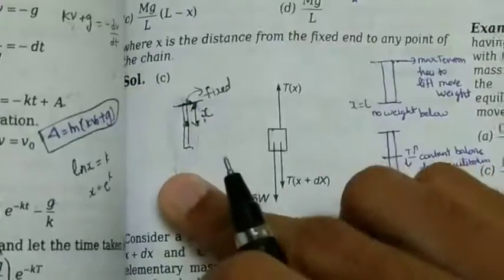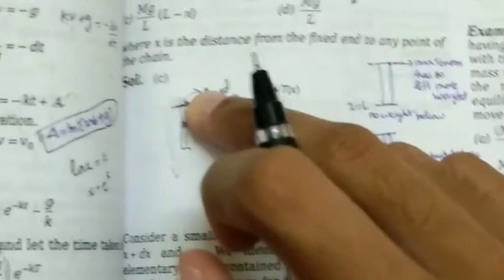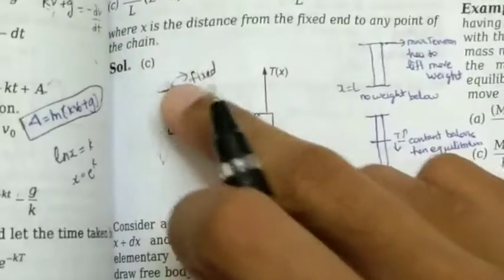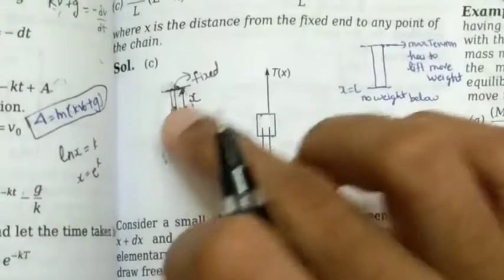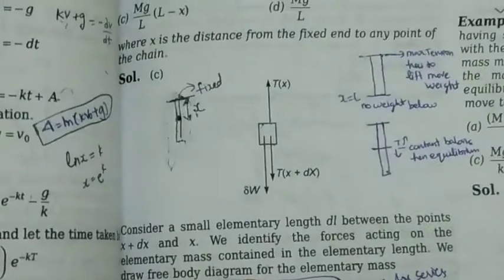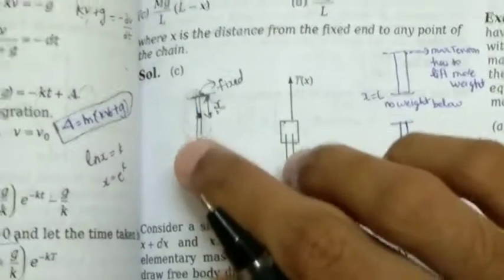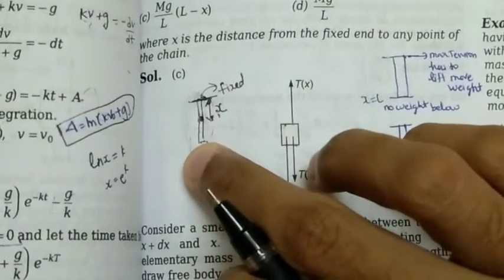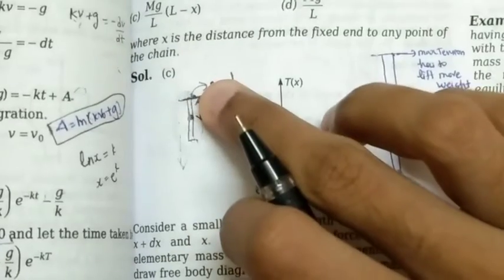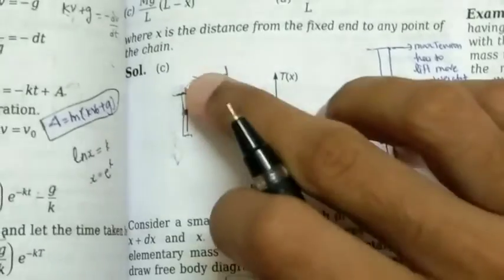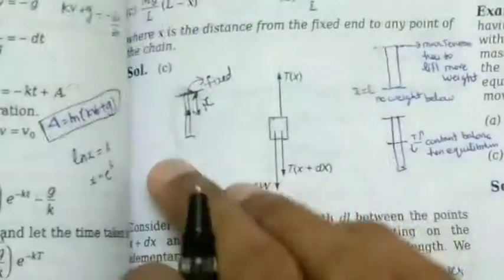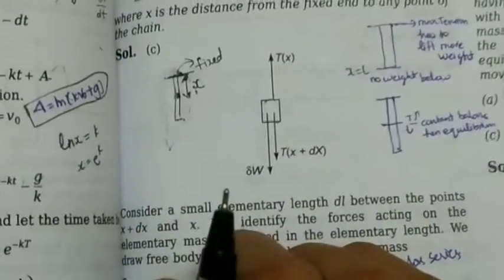That means the weight of the chain must be balanced with this tension. Only when both forces are balanced would it be in equilibrium at the fixed end. If the weight is greater than the tension, the chain would slip down. So the weight of the chain acting in the downward direction and the tension acting in the upward direction must be balanced. Then only would it be appropriately fixed to that end.